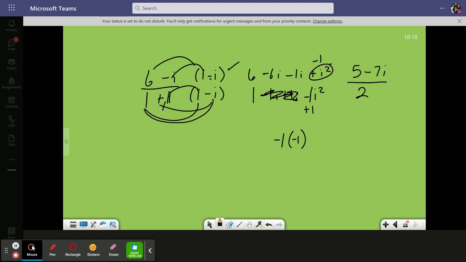All right, we already kind of had one tonight. So what if I had x squared plus 4x plus 8 equals 0. Let's stick that into the quadratic formula.